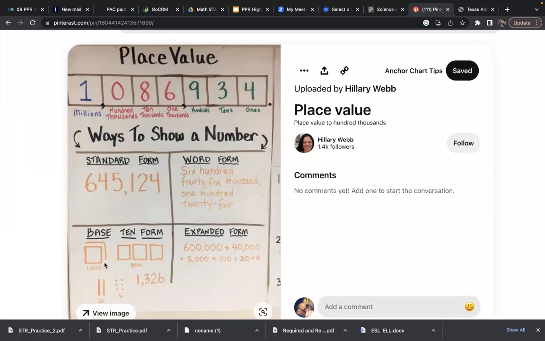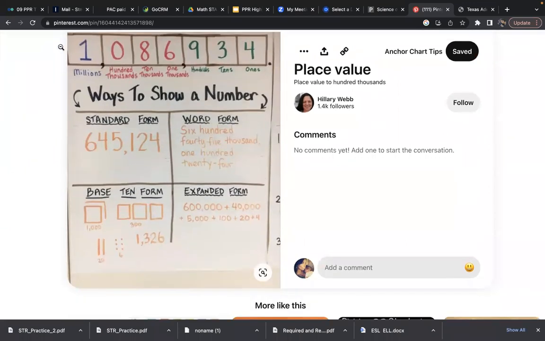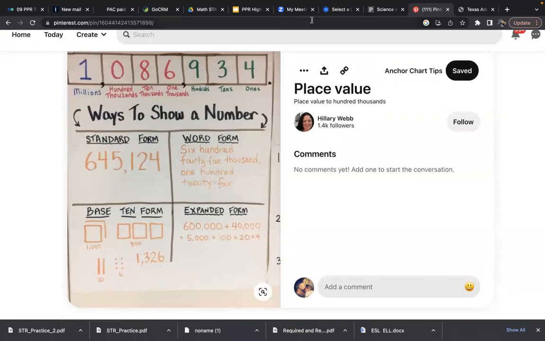How many millions? Thousands, 10,000s, 1,000s, hundreds, tens. They need to know through the 100,000s in third grade. That's important to understand, because it will say at different levels what place value they need to know through, or have an understanding of the way that numbers work in that place.